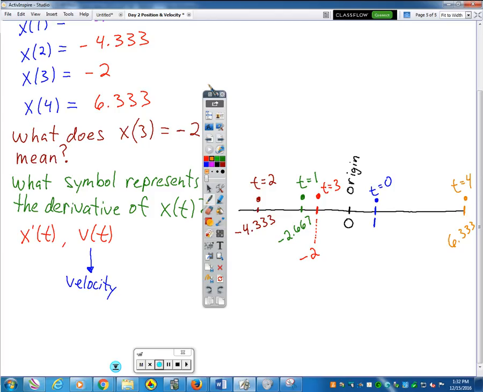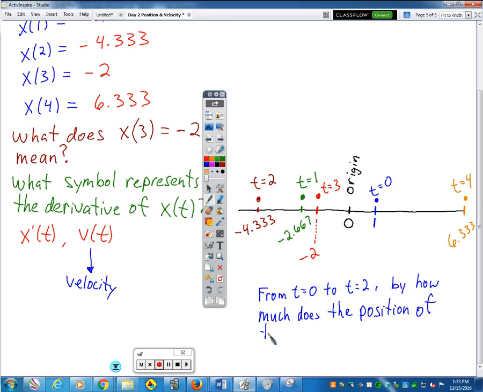I want to know the answer to this question. From time equals 0 to time equal 2, by how much does the position of the particle change?